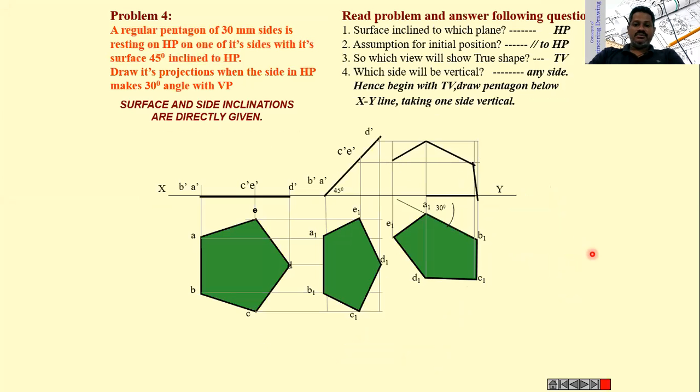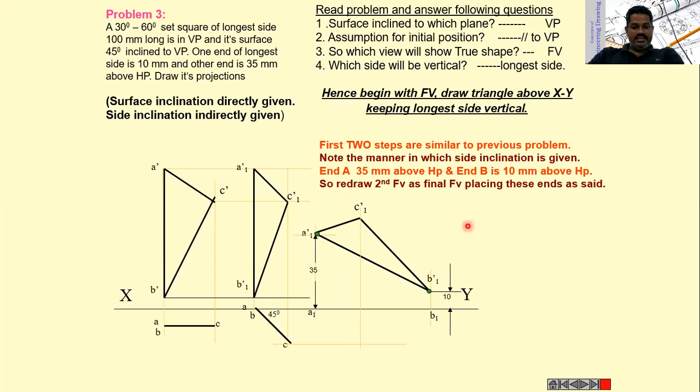Now, we also saw that when the pentagonal surface is making a certain angle with the horizontal plane, and one edge is making an angle with the vertical plane, that also we have seen. Then in this session, we also covered the set square projections.